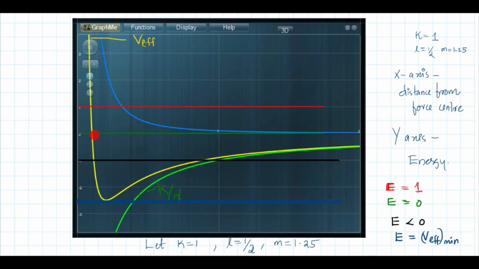So the only allowed distances are between R1 and R2. So there are two bounds, an upper bound and a lower bound. The particle can never go beyond R2 and can never go below R1. Below R1 and above R2 are forbidden regions. The allowed region is above R1 and below R2.